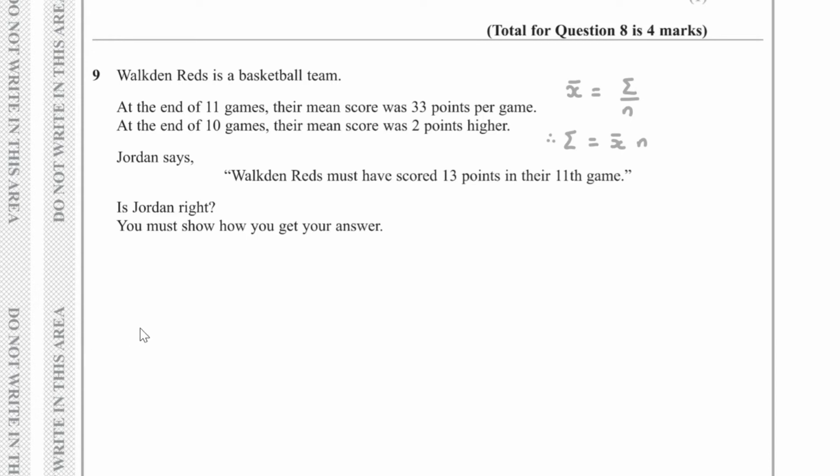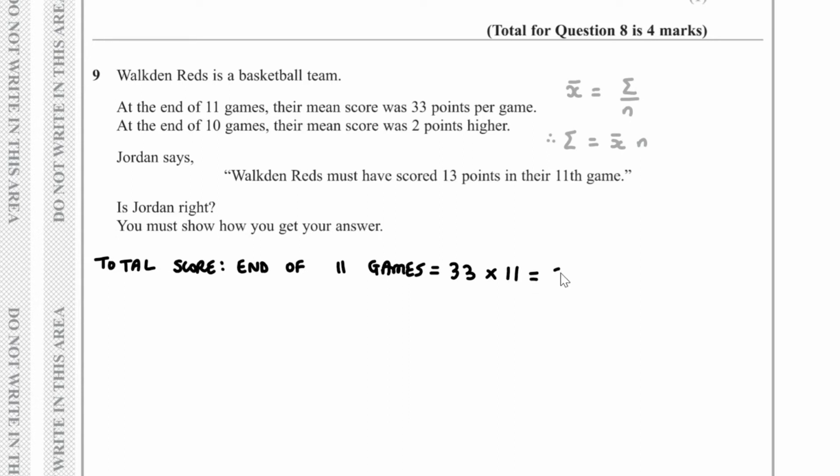So the total number of points, so let's just write this down, total score at the end of 11 games we have over here mean 33 multiplied by number of games 11.